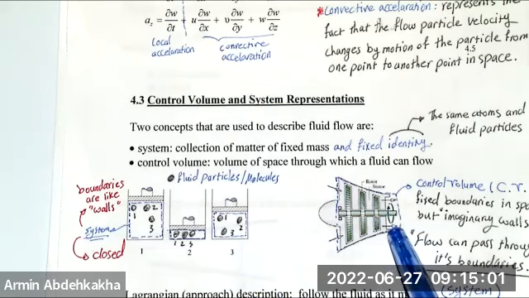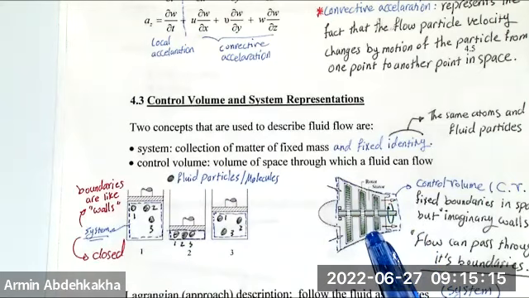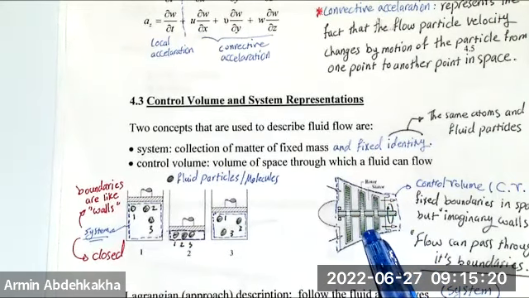But here, since the flow has a velocity, maybe the static pressure is changing, the temperature is changing, and you are fixing the boundaries, it is possible that you have a different number of particles here, right? So the mass is different.